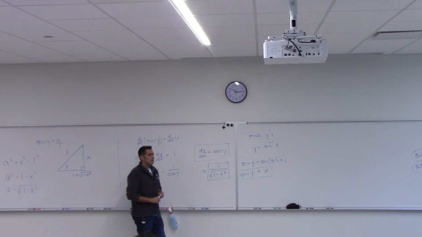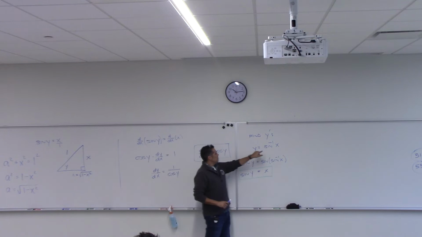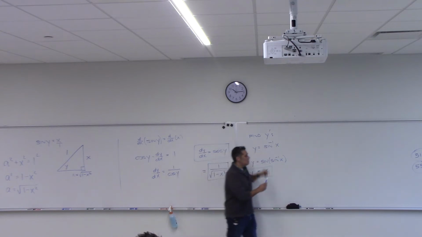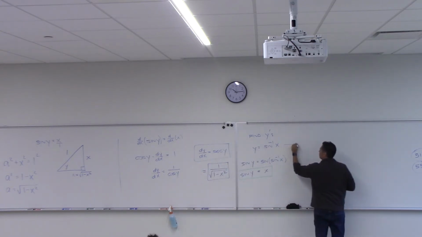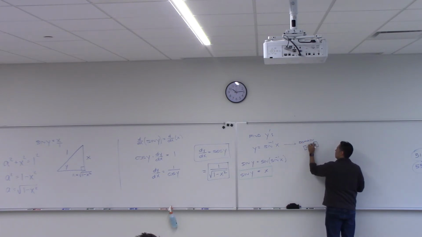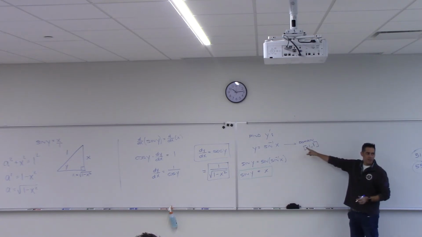Does this answer also have a domain restriction? Oh yeah, look at the original function that we're trying to find the derivative of. That has a domain restriction. If you go back to pre-cal, you would see that the domain of that function is numbers between negative 1 and 1. You're only allowed to plug in numbers between negative 1 and 1.